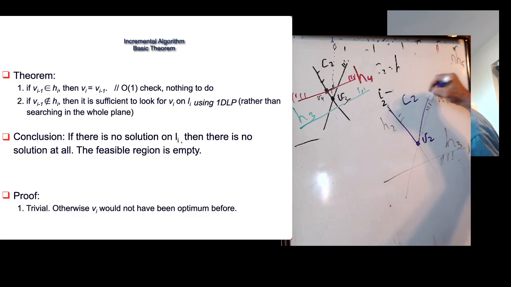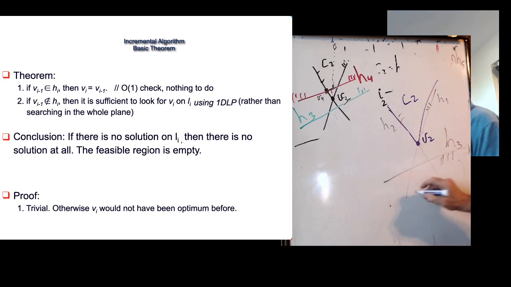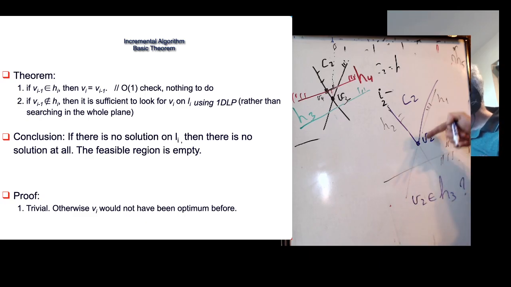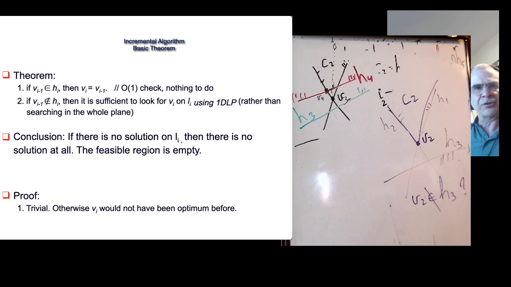This is C2, the intersection of H1 and H2. Is V2 inside H3? H3 is anything above this line, so V2 is not inside H3.